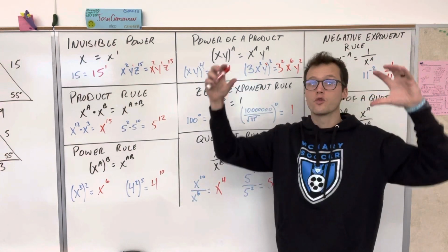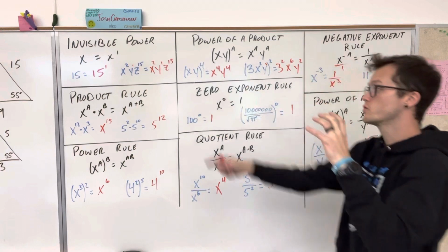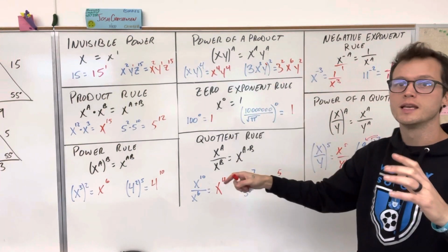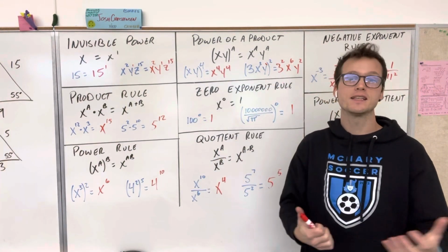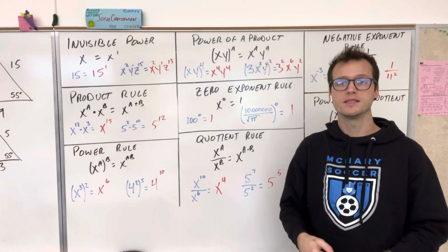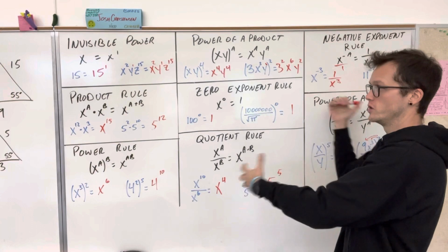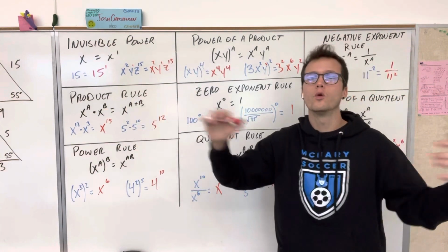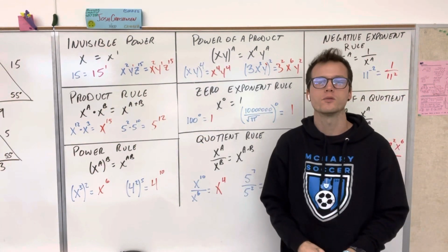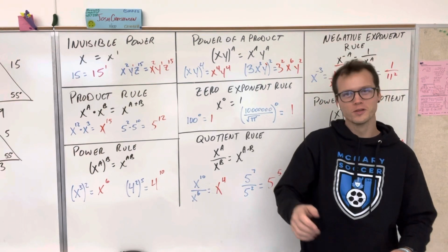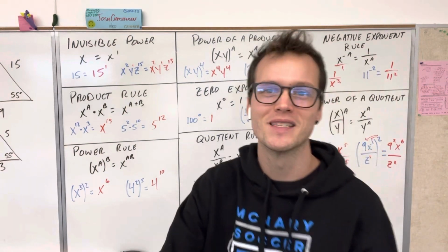It's going to be like, hey, here's a gross, messy expression. Use one or more of these tools and simplify. So it's going to take some practice. It's not a straight step-by-step situation. Sometimes you use one rule, and then that will force you to use another rule, and somebody else might do it in another order, and that's okay. There's lots of correct ways to make this happen. Okay, rules of exponents. Dive into some practice problems. You got this.